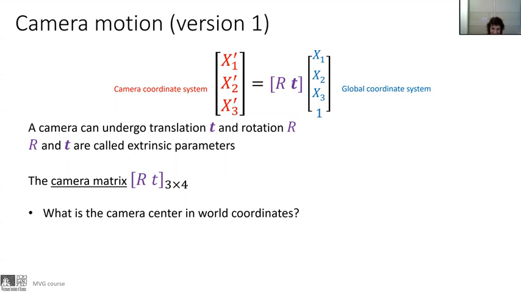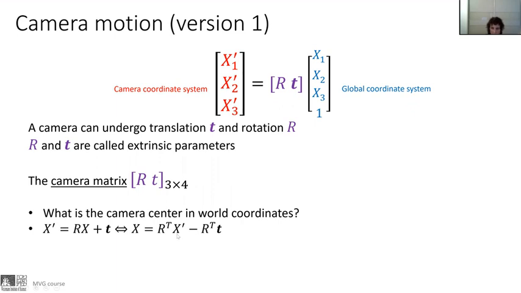Exactly. So let's see why. If x prime equals Rx plus t, it's equivalent to x equals R transpose x prime minus R transpose t. Why? Because I'm multiplying this equation by R transpose, and since R is an orthogonal matrix, I get this relation.